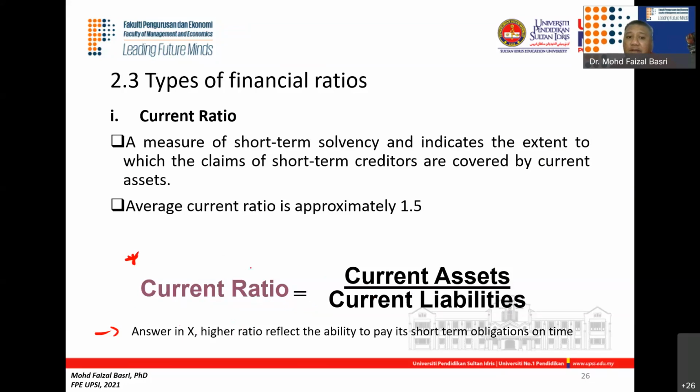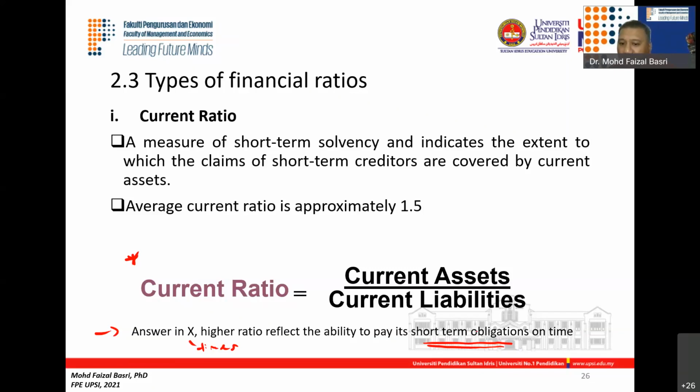So for example, whatever calculation you get from this ratio, the answer will be in times. How many times? So the higher the ratio, it reflects the ability to pay short-term obligations on time. Meaning here, the higher the ratio, the better for the company to pay short-term obligations, because when we talk about obligations, we have two types, short-term and long-term.